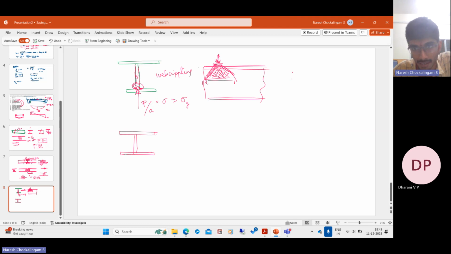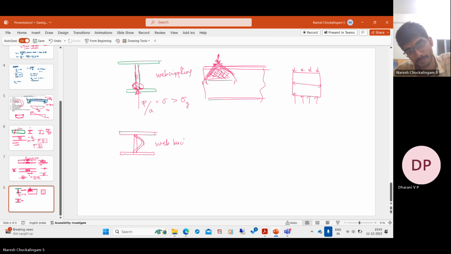If you take this web panel, it will be subjected to compressive forces, and the dispersion may not be large enough to prevent buckling of the web. Under the action of the sudden concentrated compressive forces experienced at the support, the web may buckle like this. So this is web crippling, and this is called web buckling. This is not shear buckling, this is normal buckling.